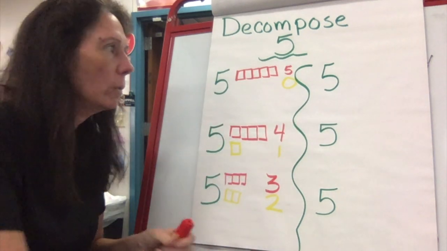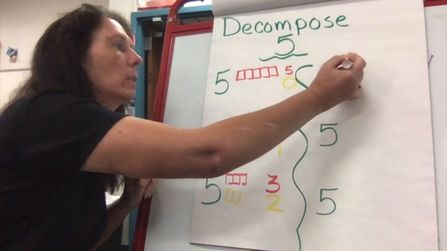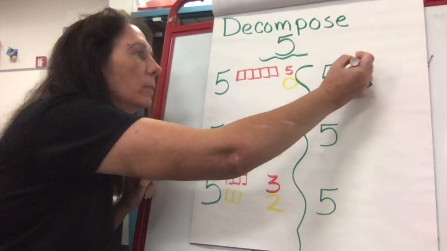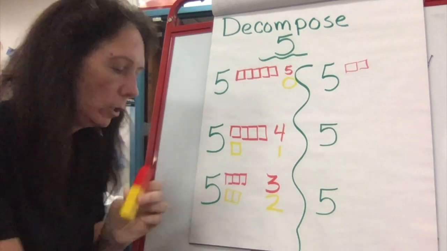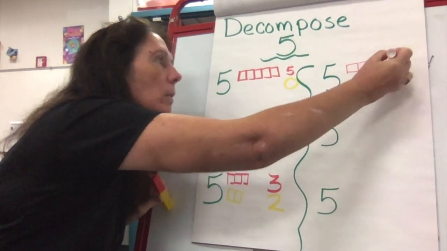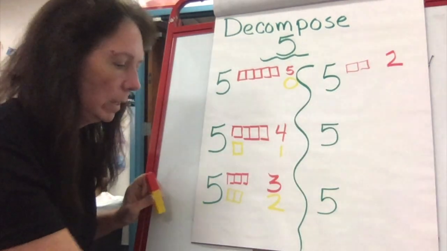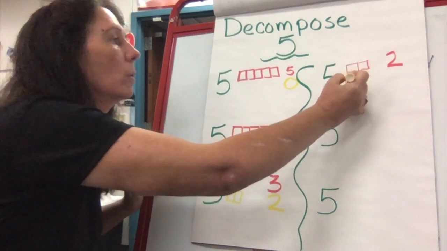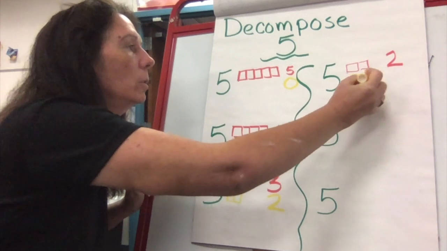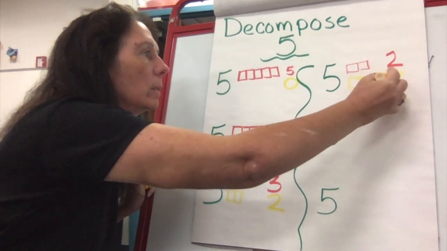So if I were to show you up here, another way to make the number 5 is with 2 red cubes. And then I can use 1, 2, 3 yellow cubes.